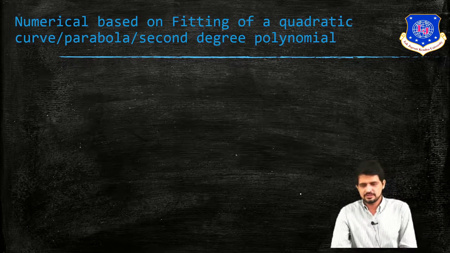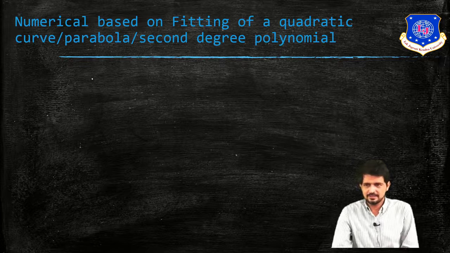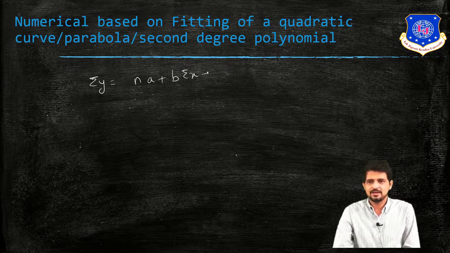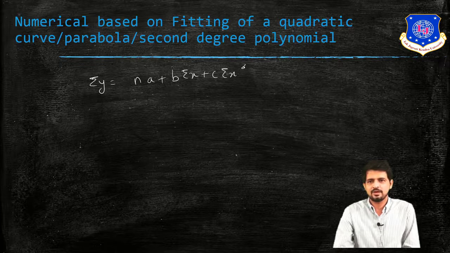Okay. So which are the three equations? Let us write those equations. Sigma y is equal to na plus b sigma x plus c sigma x square.